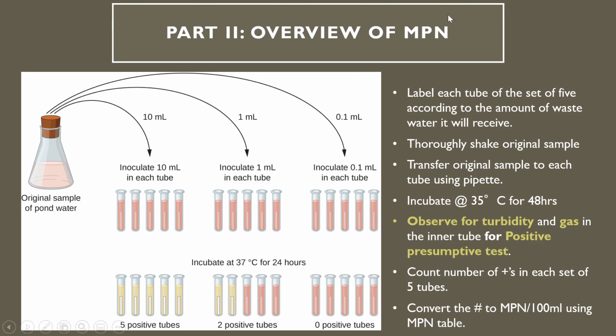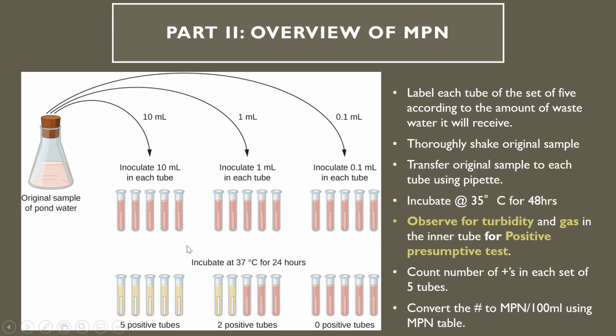For the MPN method, or most probable number, this is going to be a statistical-based method. So it's not going to give you an exact count, it's going to be more of an estimation. And so you're going to have to use the MPN table in order to determine the amount. You're going to be observing for turbidity, gas, and the color of the tube in order to determine whether it's positive or negative.